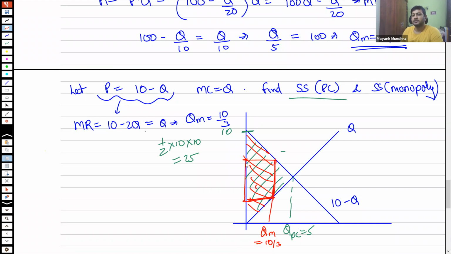So how do I find this area? I know the larger triangle. After this point, it's a little bit of geometry. I know this triangle. If I can subtract the area of this smaller triangle from it, the remaining thing becomes the social surplus of the monopolist. So how do I find this smaller area?